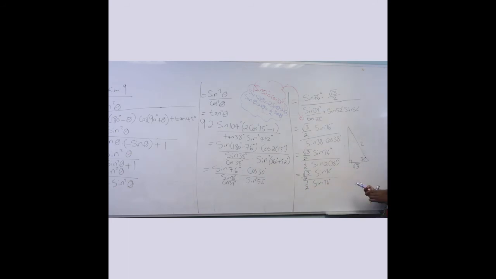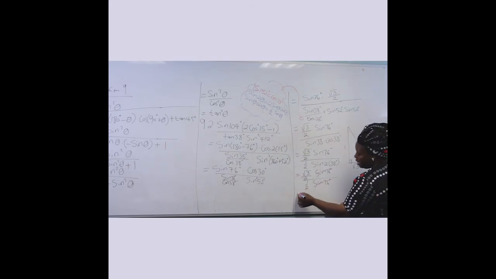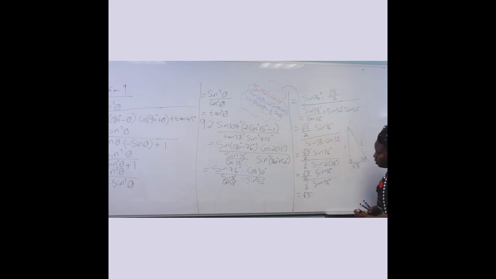Now you see that the sine 76 is cancelling. The sine 76 terms give us 1. So we're left with this 2. If I flip and multiply, I'll end up with the square root of 3. So the square root of 3 divided by 2 multiplied by 2 over 1, that is the meaning of flip and multiply. It will give me the square root of 3 because the 2 will cancel, and that will be your solution.